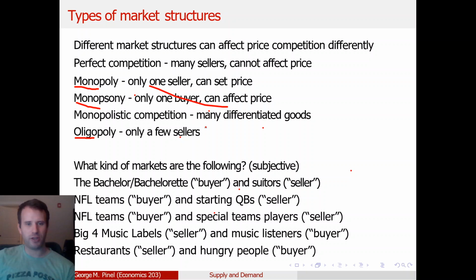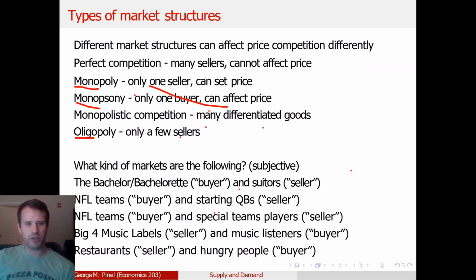So if I'm looking at upscale restaurants in the Lower East Side of Manhattan that are Italian, restaurants that are BYOs, right? It's probably not a monopoly, but that'll probably be monopolistically competitive at the most, but more likely oligopoly because there might be like 6 or 7 of them.